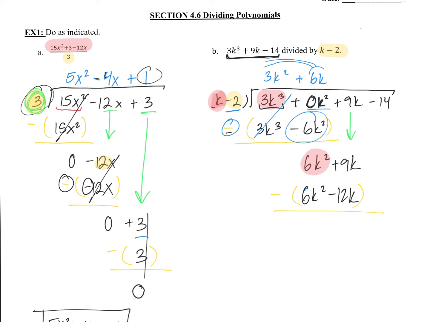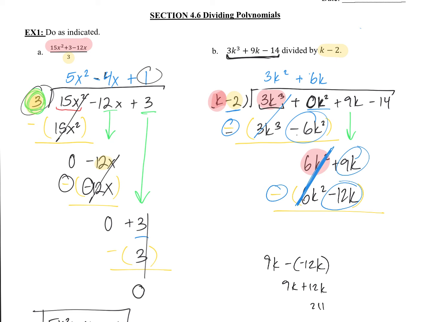All right, and then what do we have? So doing the subtraction, the k squares cancel out, 6k squared minus 6k squared. Once again, that's our goal, so that should happen. And then we have the 9k minus the negative 12k. So that's going to be 9k plus 12k. So that'll be 21k.